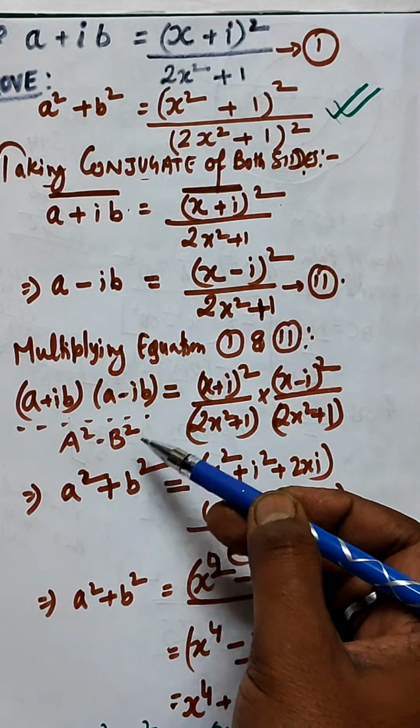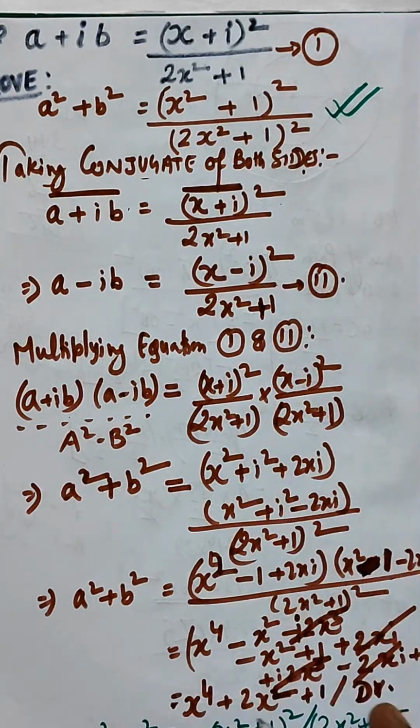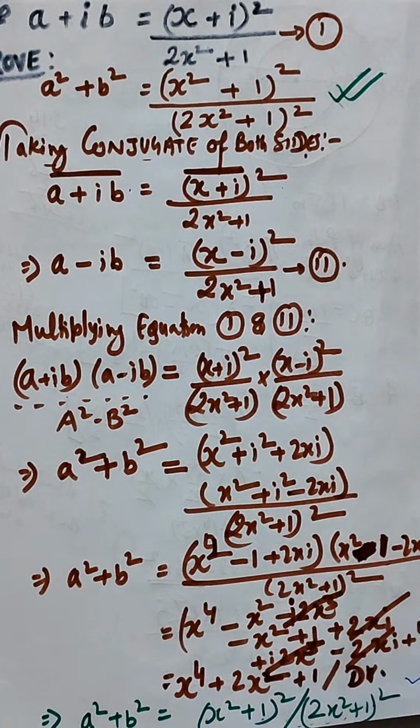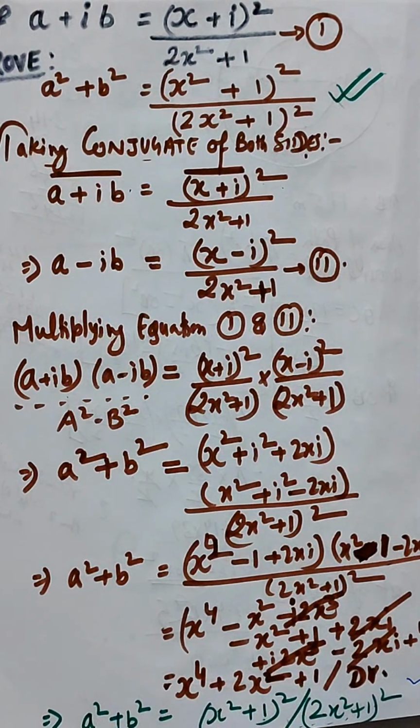This will be multiplied to get the RHS, and in the RHS we did simple arithmetic calculation to get a square plus b square as x square plus 1 whole square by 2x square plus 1. Here you can see mentioned in the green. So in this way this is proved. Okay. And I have explained this question to you.